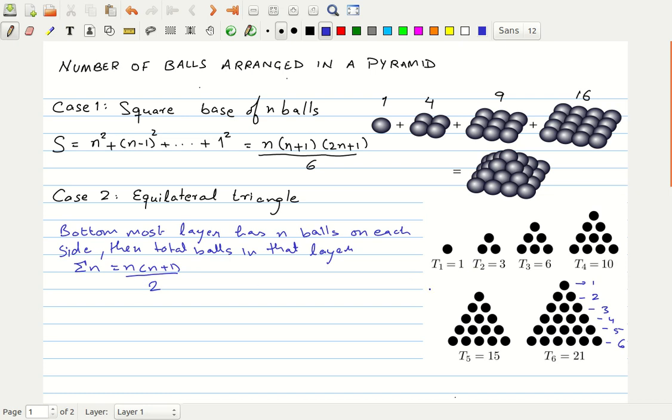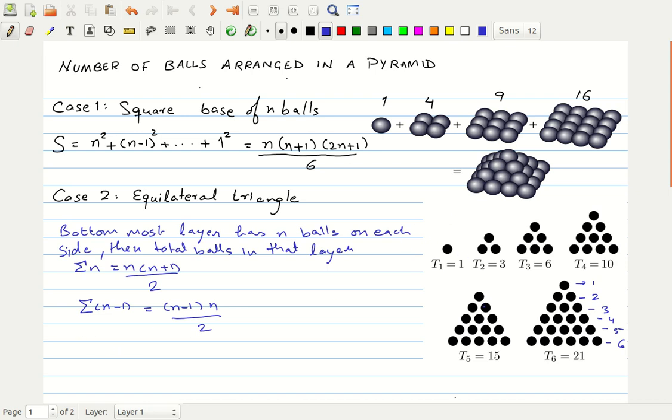What happens on the second bottommost layer? We will have an equilateral triangle with 5 balls on each side, and that will be simply sigma n minus 1, which will be n minus 1 times n divided by 2, and so on.